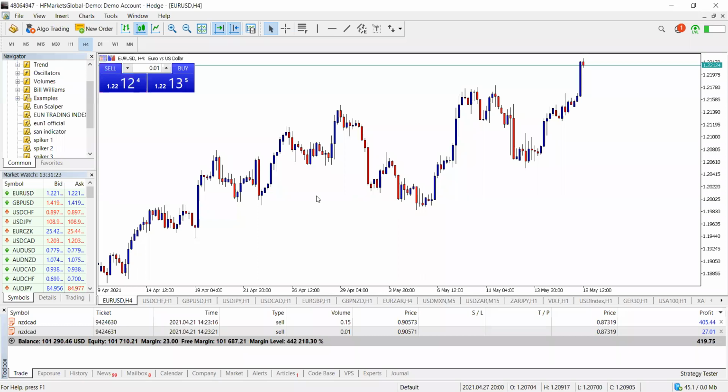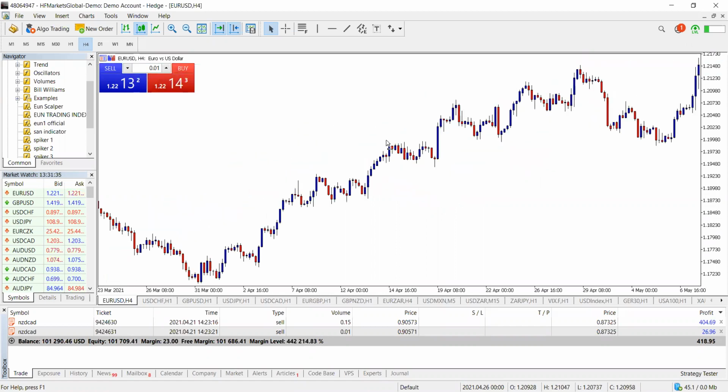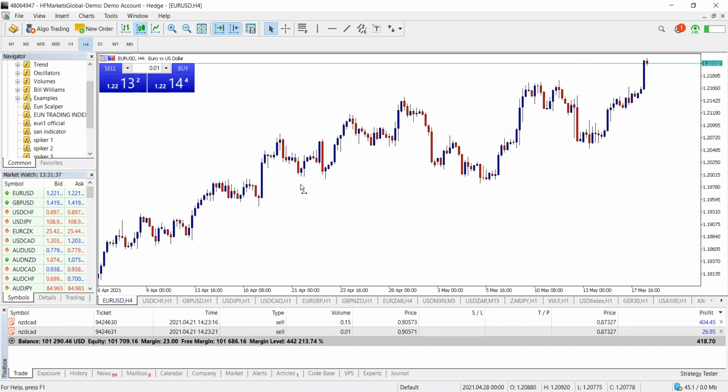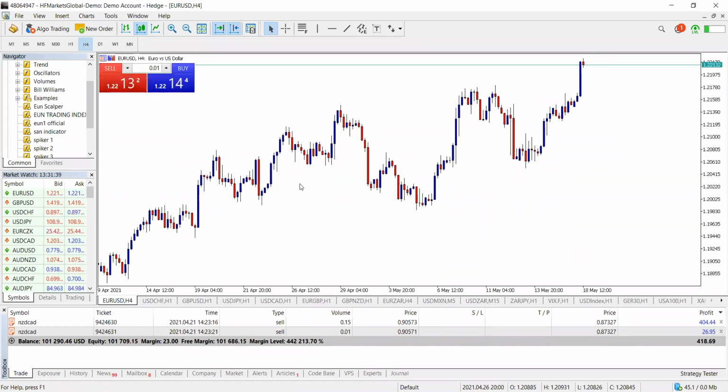So on this platform, this is MetaTrader 5. After you log in, you are taken to a chart. This is what we call the main chart. This thing that I'm moving, you see it. All right. So let me start. I want to teach you about these things. These are the most important.